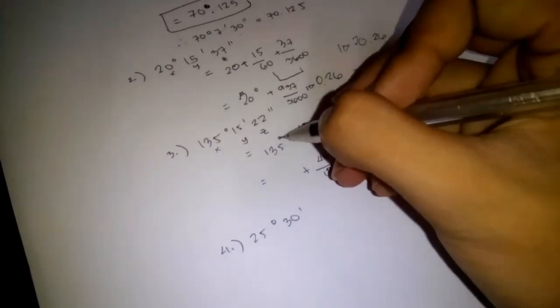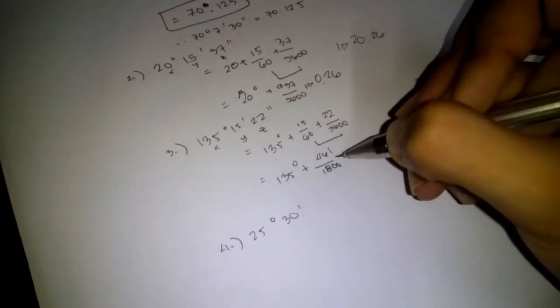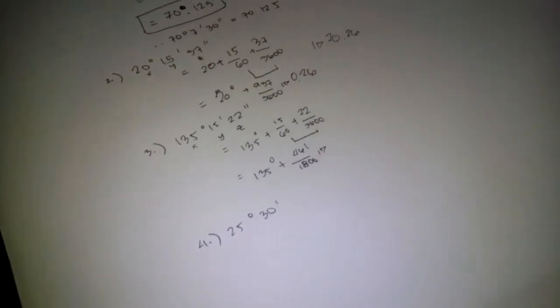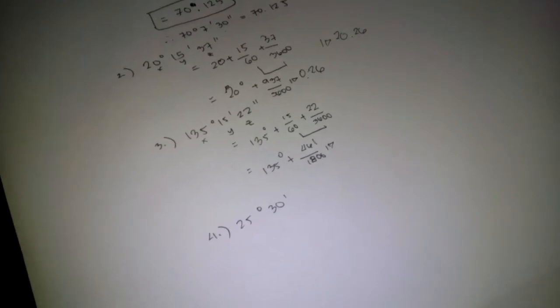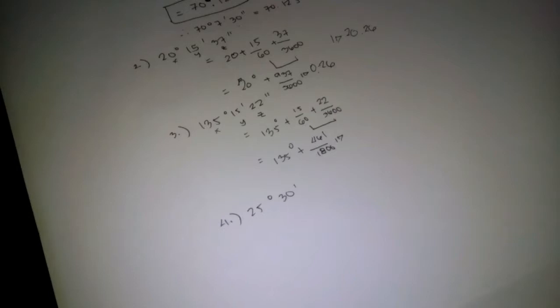Copy 135 degrees. Then convert this fraction into decimal. So this will become 0.256111111.